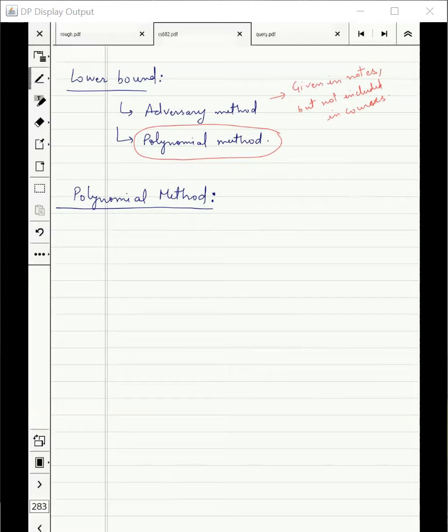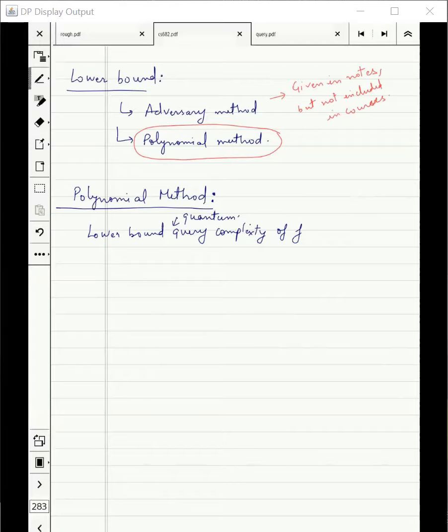We want to lower bound quantum query complexity of some function. Now, when I say query complexity, I mean quantum. Always assume query complexity means quantum query complexity. That's what I'm talking about.